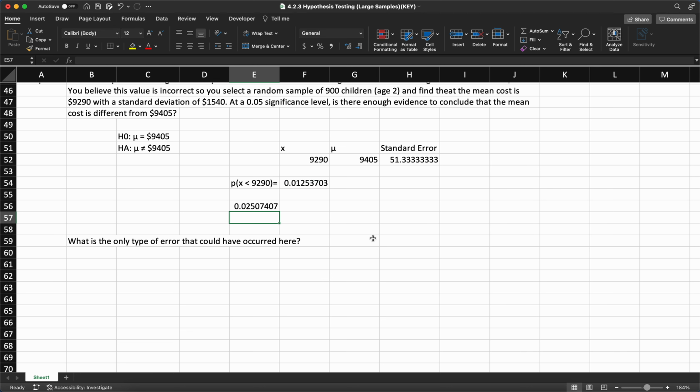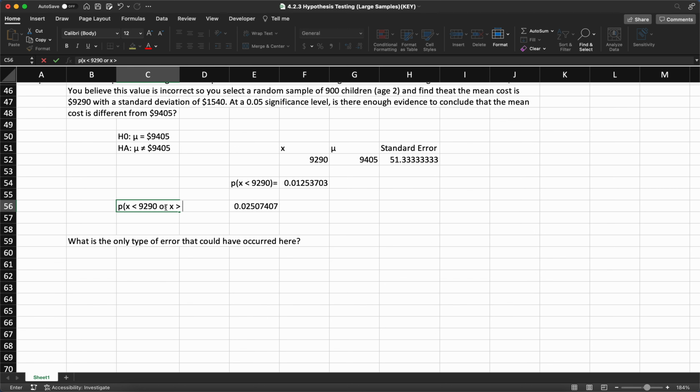And so now my p-value, this is the probability that x is less than 9,290, or that x is greater than whatever that same distance from the mean would be above the mean.